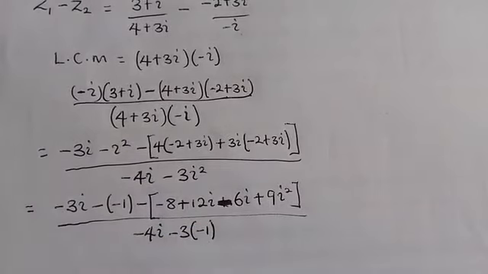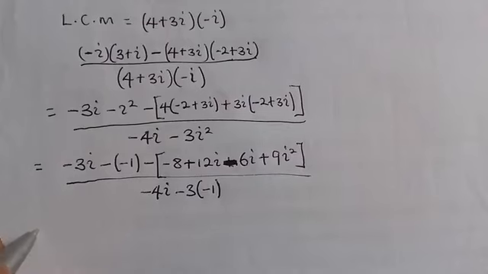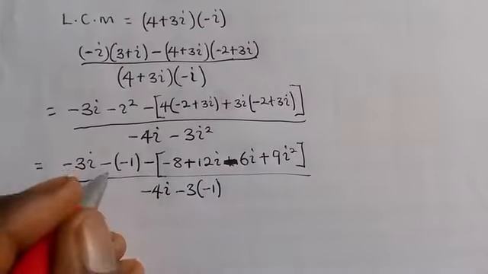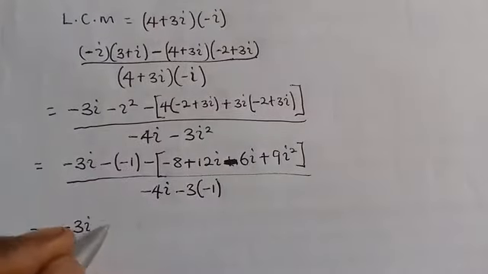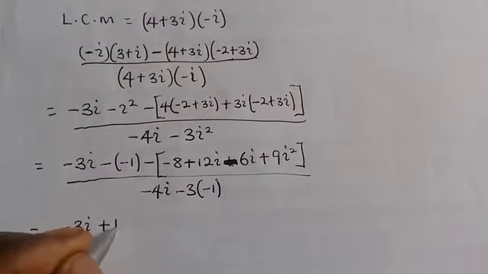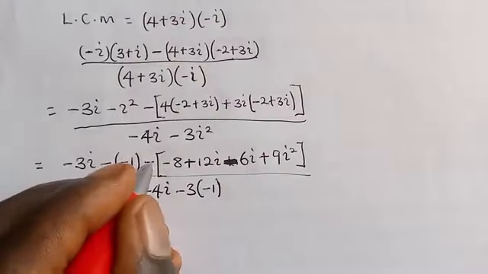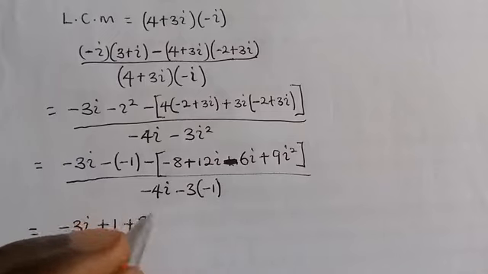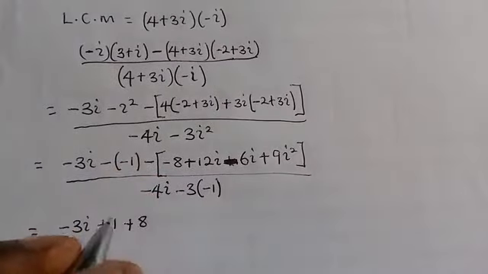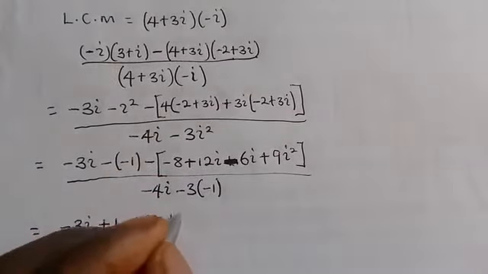Next, we will have -3i, minus times -1, we have plus 1. This time around, we're opening this bracket. Minus times -8, we have plus 8. Minus times +12i, we have -12i.